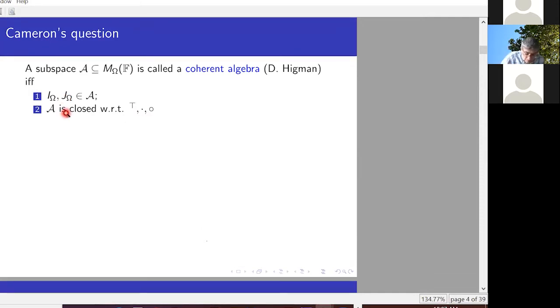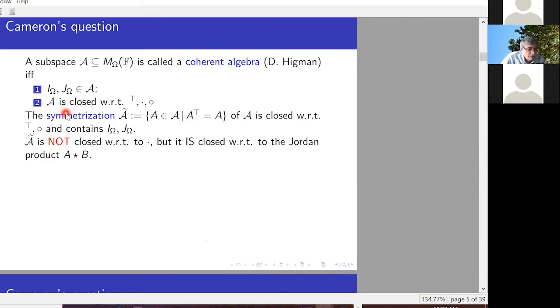Now, a symmetrization of a coherent algebra, as well as a symmetrization of any subspace of matrices, is the subspace consisting of all symmetric matrices.